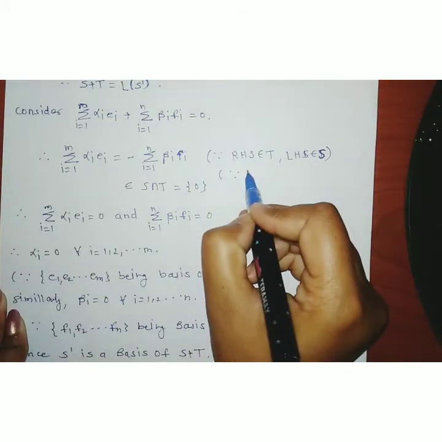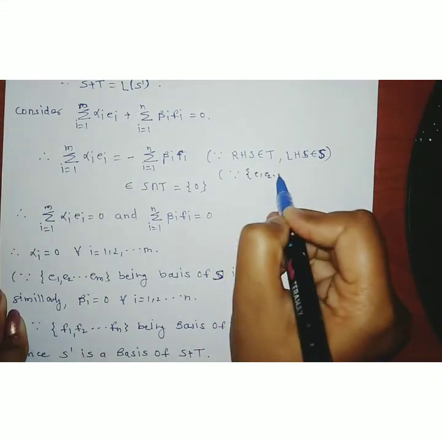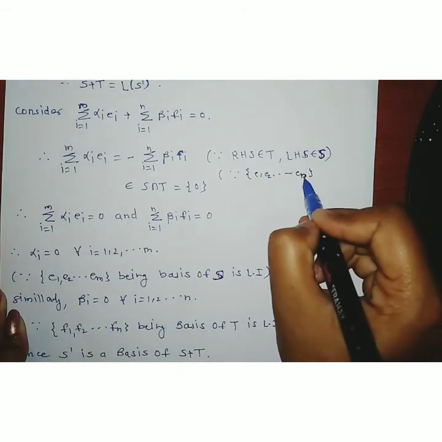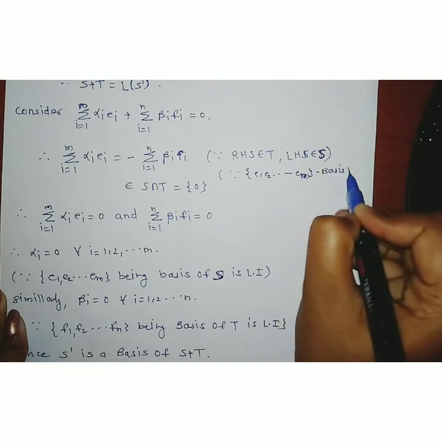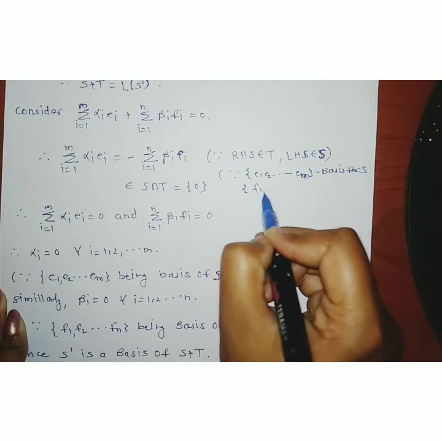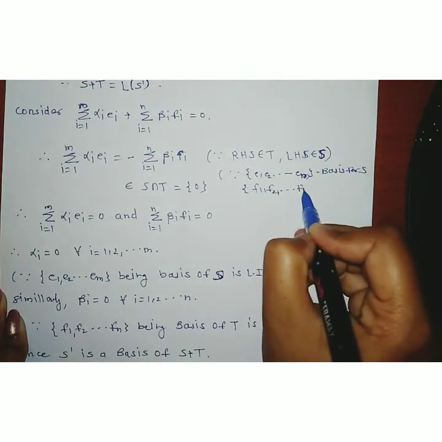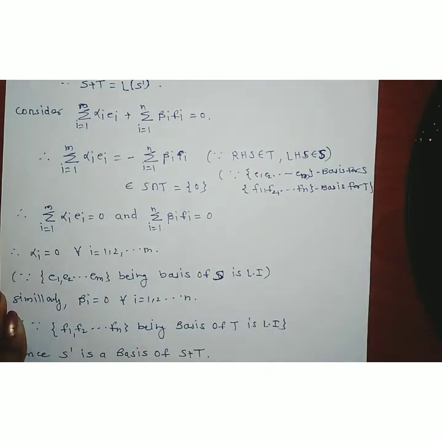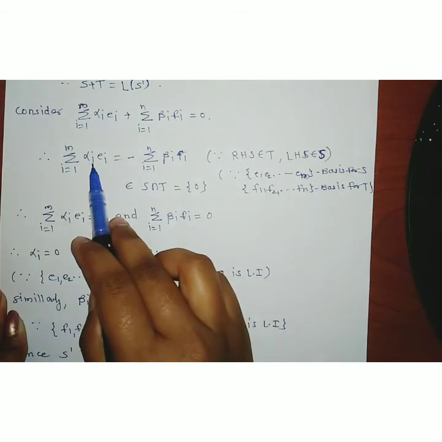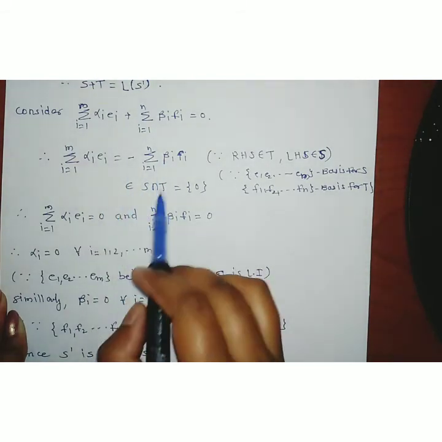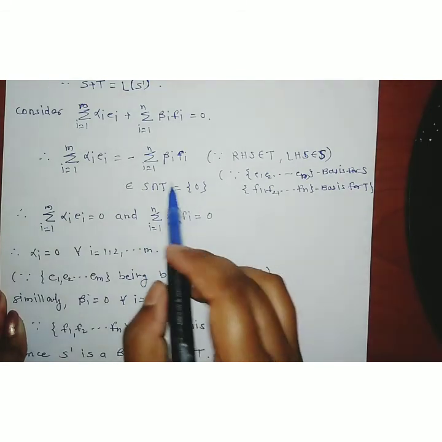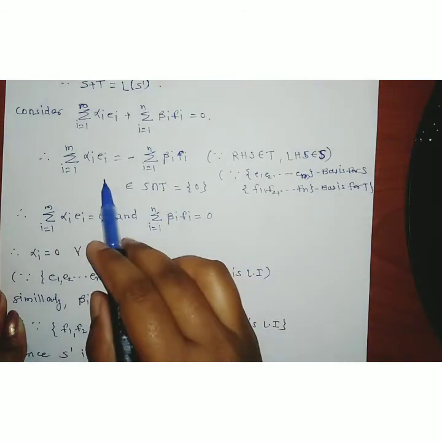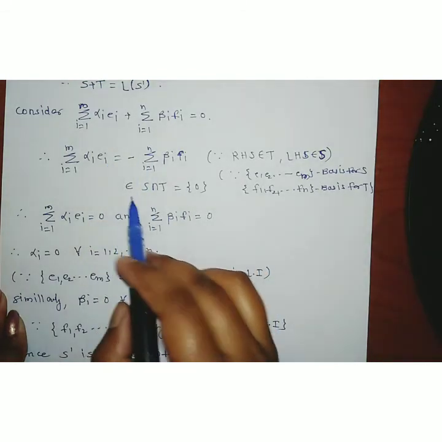Why this? Since e1, e2 up to em form a basis for S, and the set f1, f2 up to fn forms a basis for T. Thus the LHS belongs to S, the RHS belongs to T, therefore this term belongs to S intersection T. But here we consider S intersection T equal to singleton 0, therefore both terms must be equal to 0.